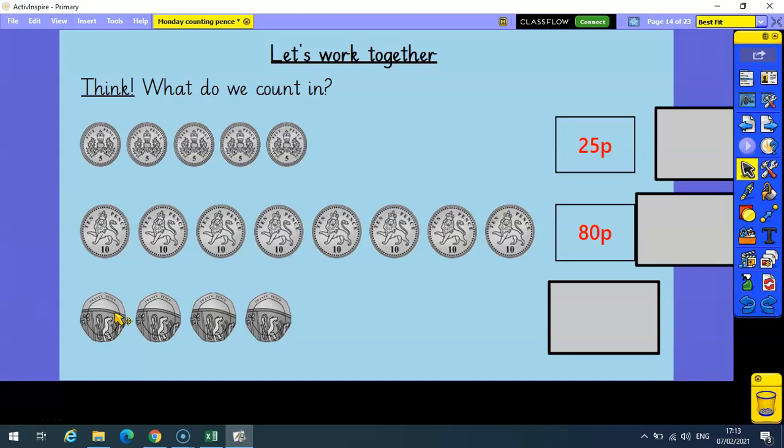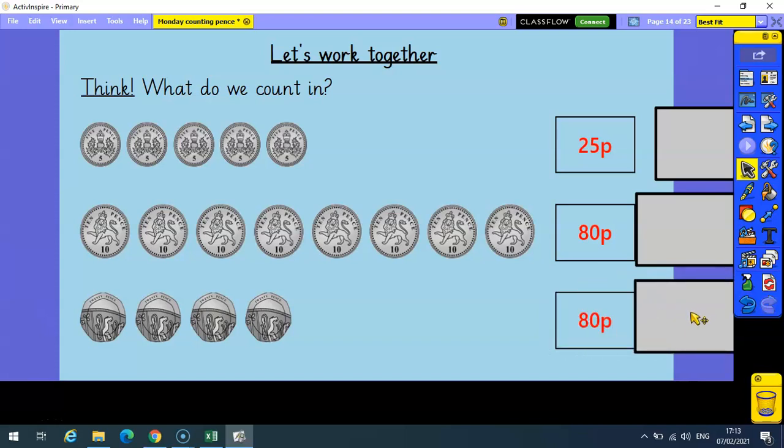So you could either count 2, 4, 6, 8, but then you know really it's 80 because they were 20s, not 2s. Or even easier than that, let's go 10, 20, count each one twice. 10, 20, 30, 40, 50, 60, 70, 80.